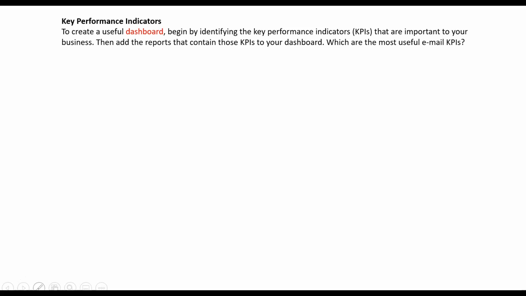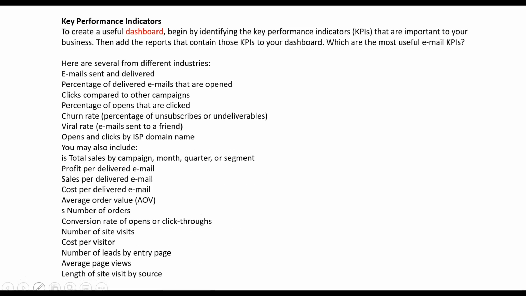So this is the idea of starting to set up a tracking system within your company to keep track of various events and activities. You can see these are some ideas of things that a company might want to keep track of.